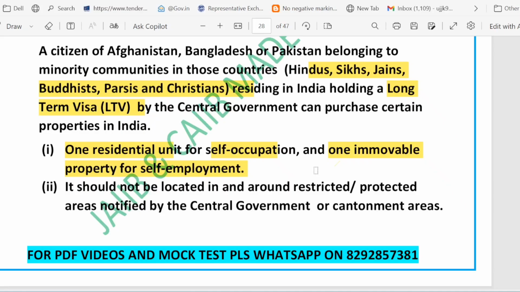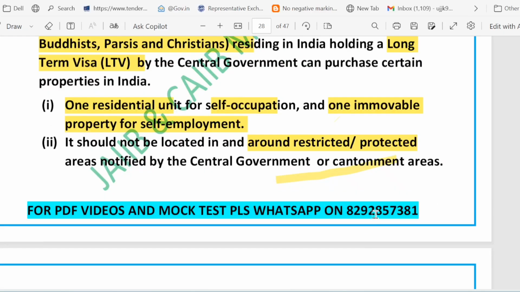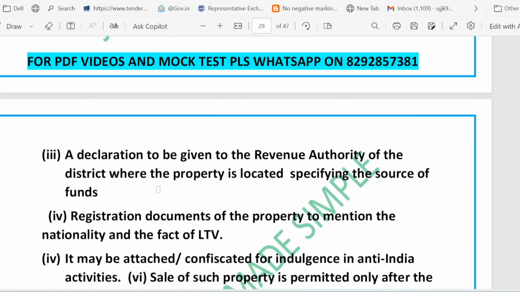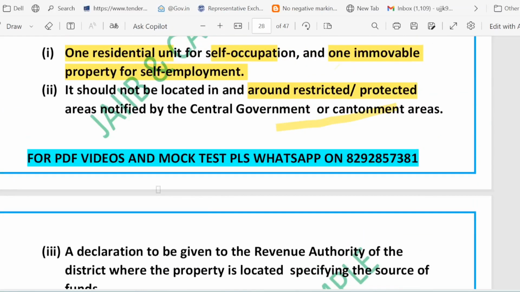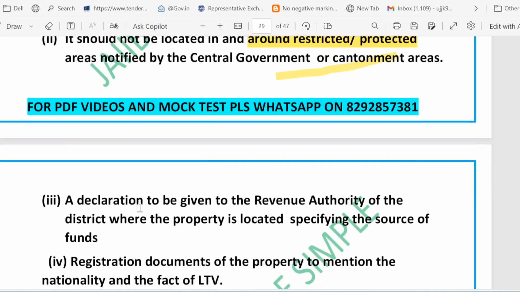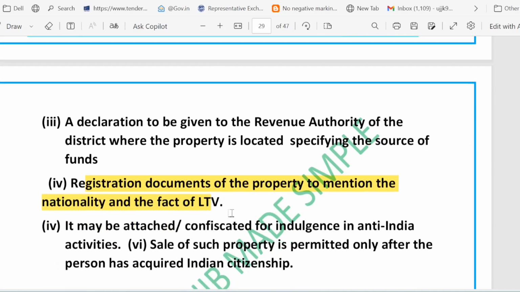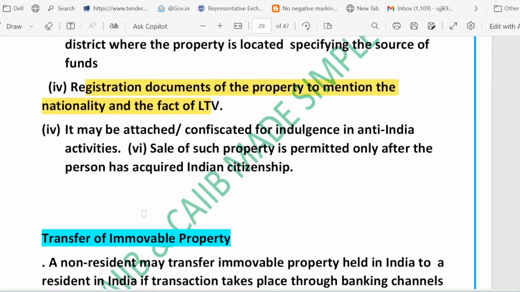The property must not be in a restricted, protected area or cantonment zone. Next, for the property registration, they must declare the source of the funds. The property registration must explicitly state the buyer's nationality and that they are on an LTV.